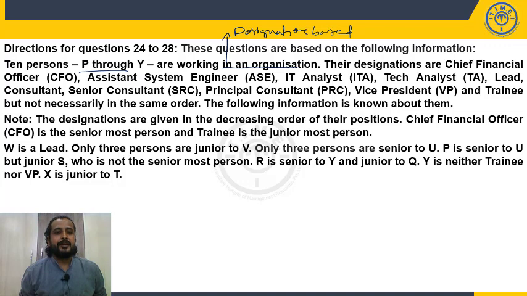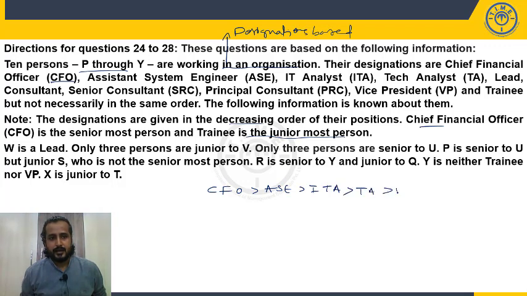We need to freeze the designations in order. The designations are given in decreasing order of their positions. CFO is the senior most. Trainee is the junior most. So you take it in the same order, CFO to trainee. CFO greater than ASC greater than ITA greater than TA greater than lead.